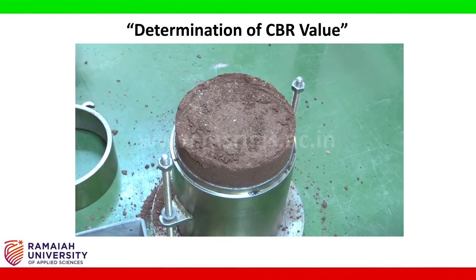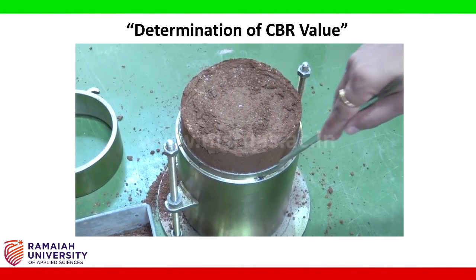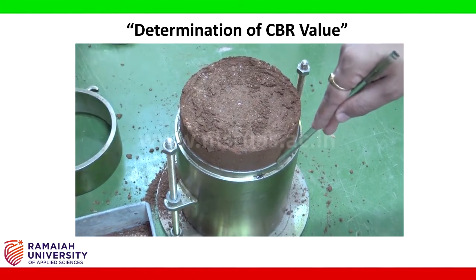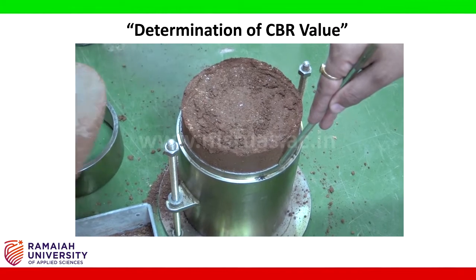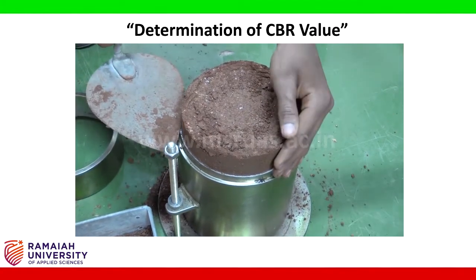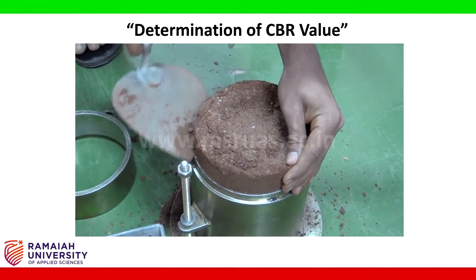Once the collar is removed, it is now time to trim the specimen at this level to achieve a specimen height of around 175 mm. We can make use of the trowel or cutter to trim the specimen.